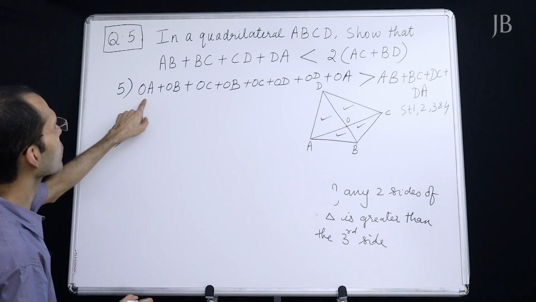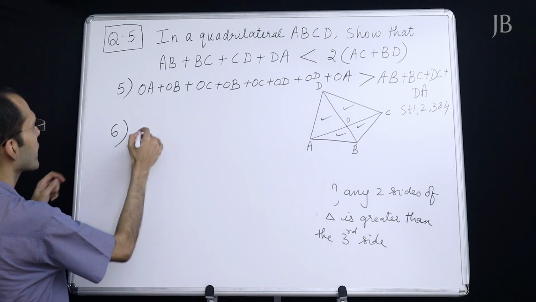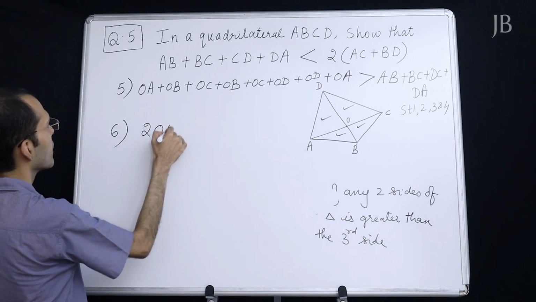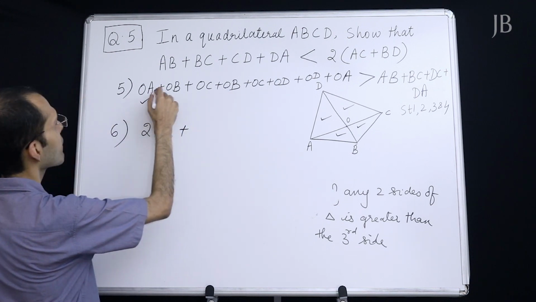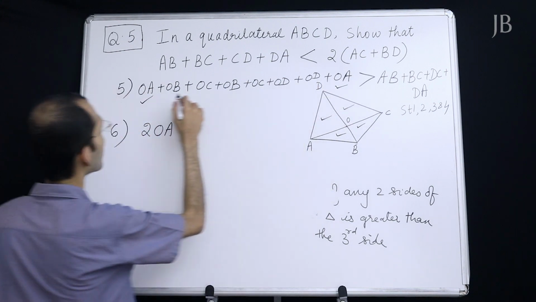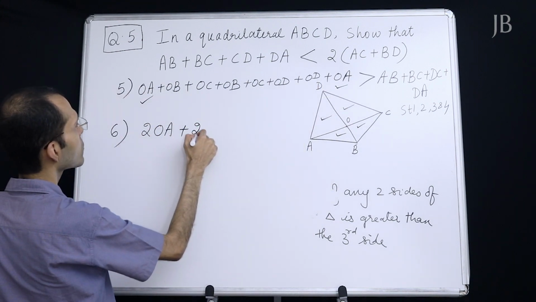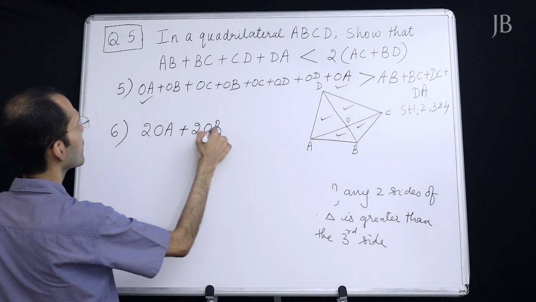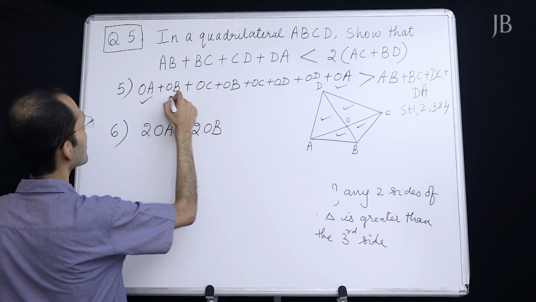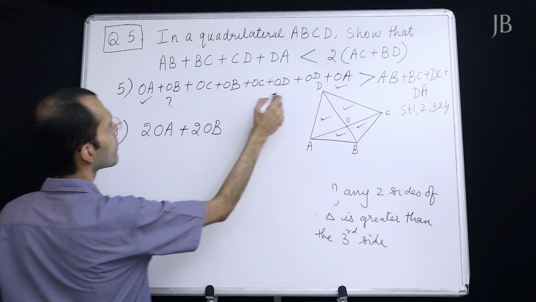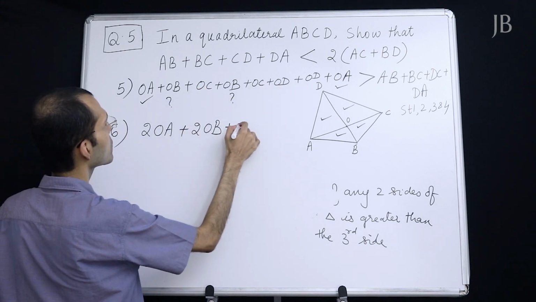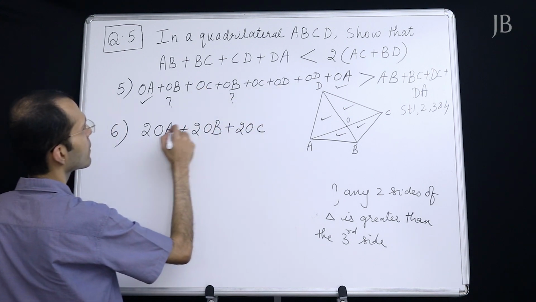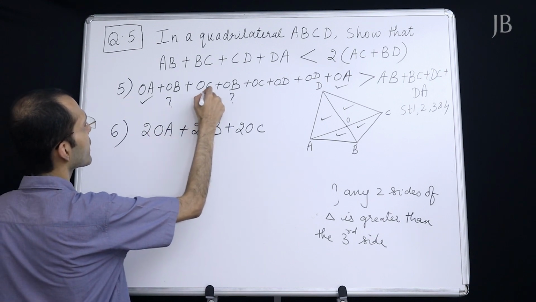Now let's see, this is OA plus OA, we will get 2 OA, then OB plus OB gives 2 OB, OC plus OC gives 2 OC, okay, this is again taken care of.